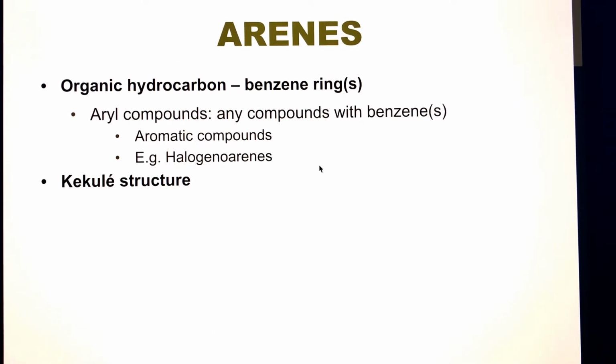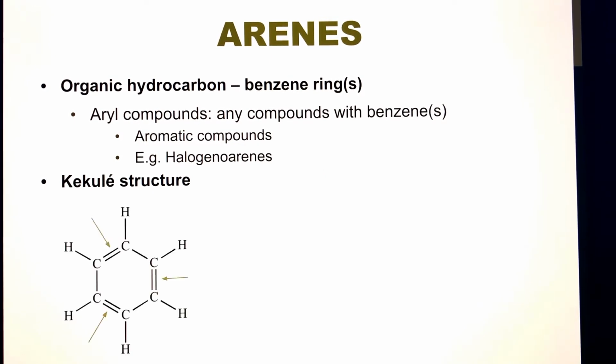As you know, if I say benzene ring, you will automatically think of this structure, which we call the Kekule structure. But this is actually wrong, guys. Why? Because there are 3 double bonds and 3 single bonds, which means the bond lengths between double and single bonds are different.